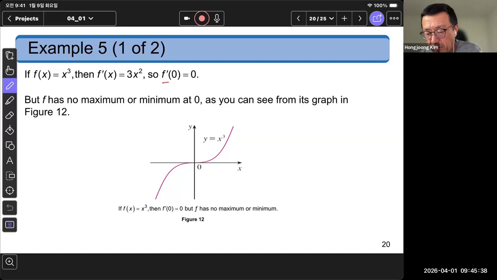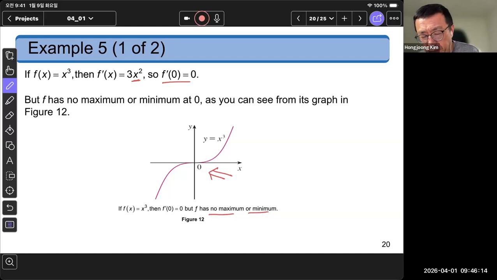So if I plug in 0, when x is 0, f prime at 0 is 0. So the tangent line is horizontal. Then do I have a local minimum or local maximum at 0? If you look at the graph, there is no maximum or minimum at 0.